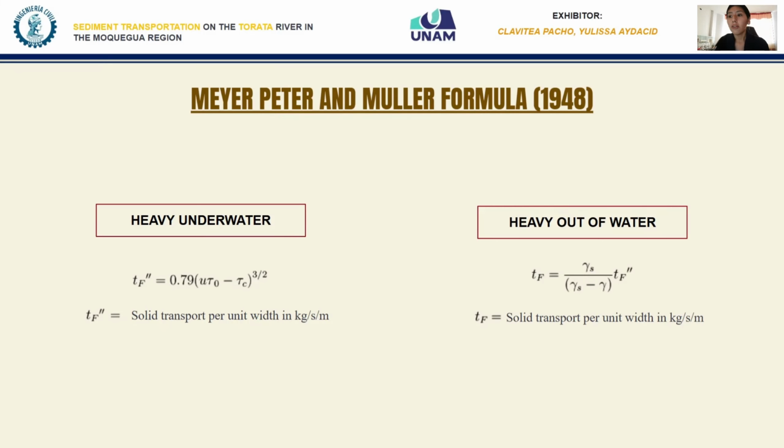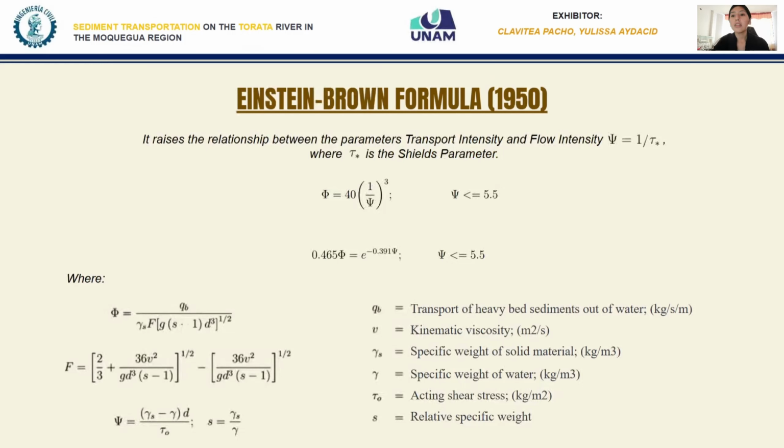And the Einstein-Brown formula. It relates the parameters of transport intensity and flow intensity. Where is the Shields parameter?